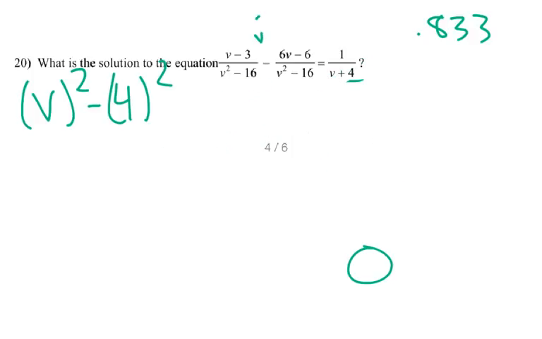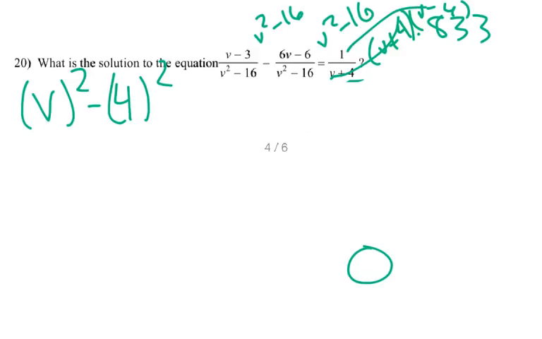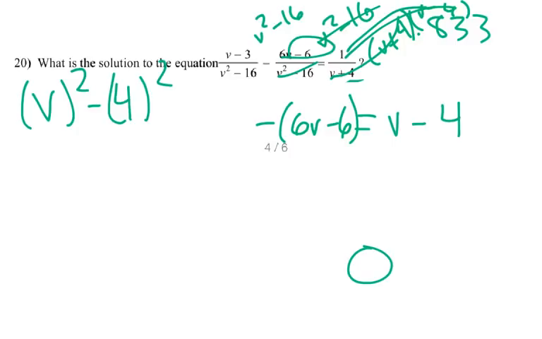So I times by v squared minus 16 to everything, realizing that this is actually v plus 4 times v minus 4. Okay, so the v plus 4's cancel out, 1 times v, 1 times negative 4, v minus 4 on the right side. The v squareds cancel out, negative 6v minus 6, that negative applies to the whole top, so I put it in parentheses, v squared minus 16 cancels out, and I get v minus 3.